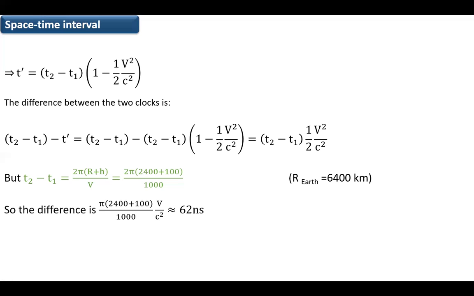So the mobile clock is 62 nanoseconds younger than the clock on Earth for each revolution. Okay, I think I will stop for now. We will continue on the next video.